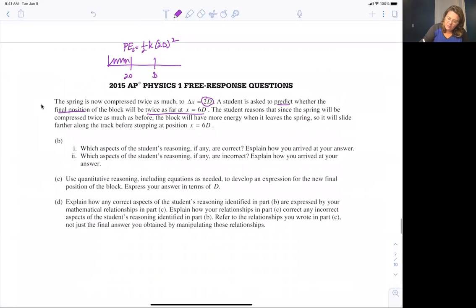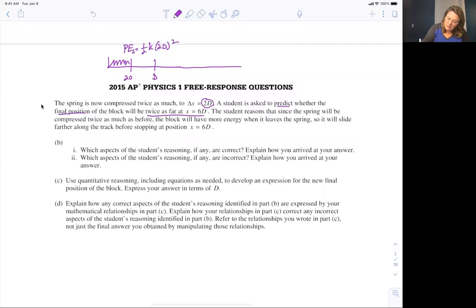So originally, this is at 0, we went to 3D, now they predicted 6D. In other words, it doubled the distance. But hopefully you see that that's not the case, because I didn't double my potential energy due to a spring. I increased it by a factor of 4 because it's squared.